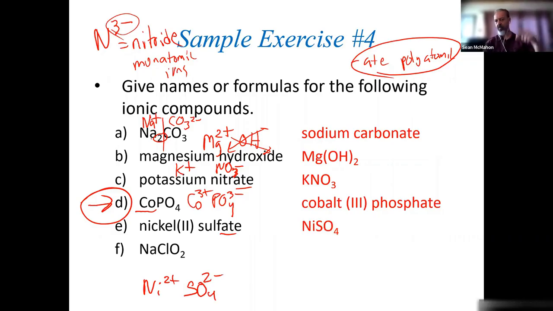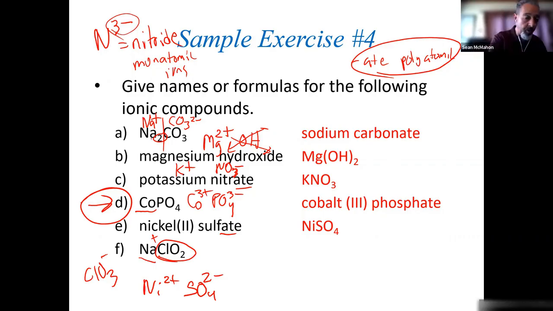Yep. So then you go to the next one and you think, all right, what do I do now? Well, this is sodium. I know that. It's a +1, but this is not chlorate. The reason why it's not chlorate is because chlorate is ClO3-, right? Because chlorine's not on that 4. So it doesn't have 4 oxygen. The chlorate has 3.